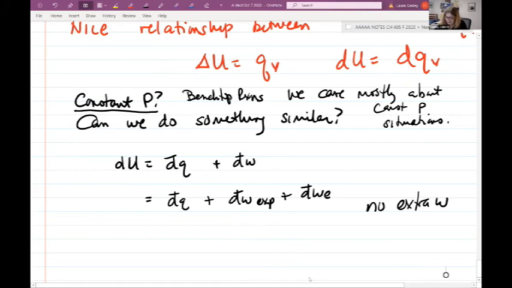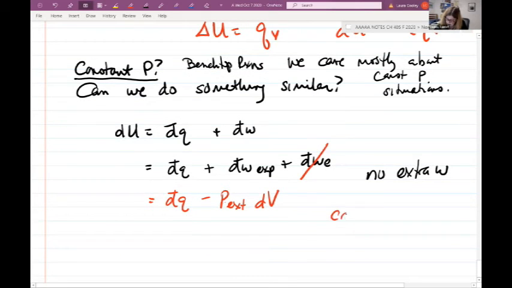Okay. It tells me I'm muted, but I'm not muted on my other thing. So, all right, I can cross this out. Now I'll say dq plus, this is minus p external dV. All right, and now I specify constant pressure.